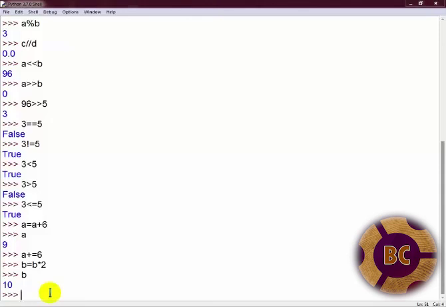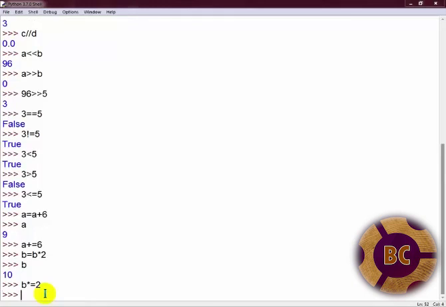Let's take the new instruction on B, multiply 2. B stored the value 10. The new value will be 10 multiplied by 2.